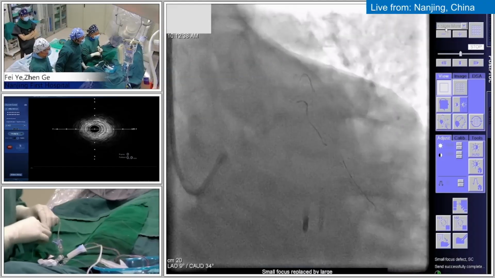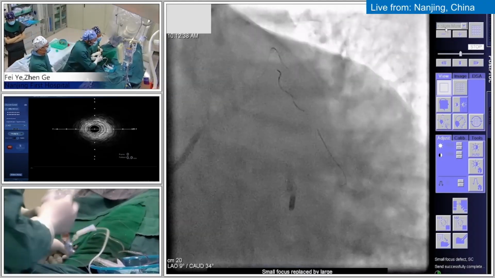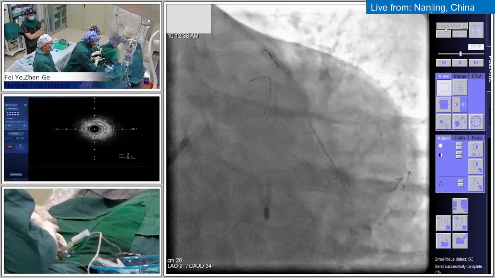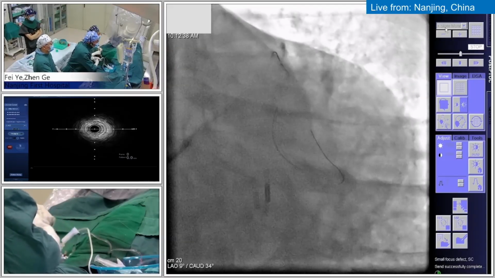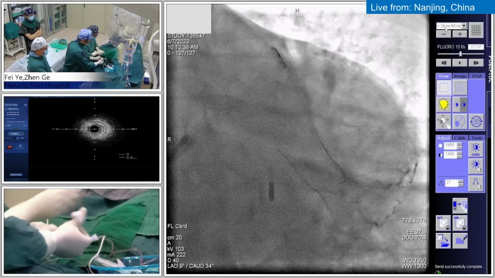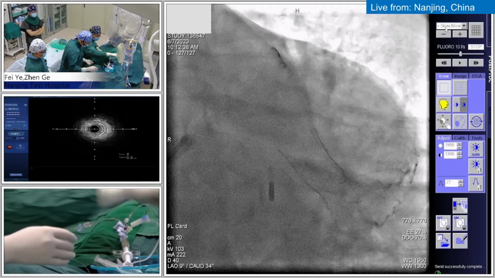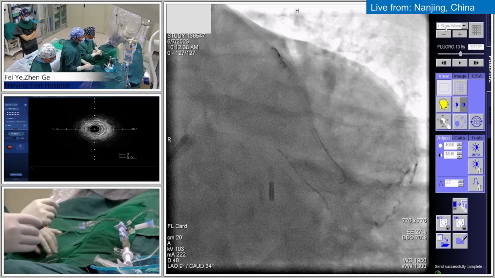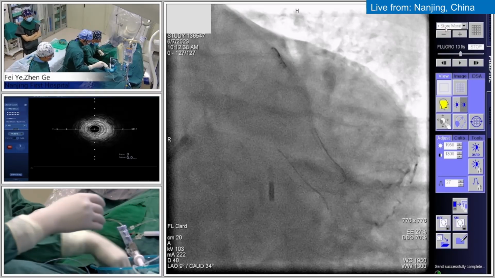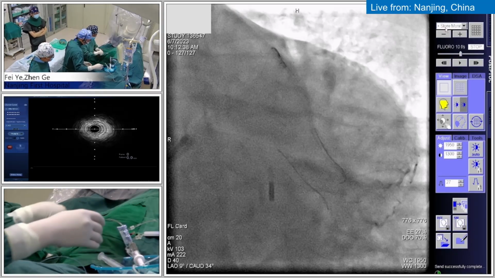Even with a very sharp angulation of the spider view, we cannot see the trifurcation in detail. So we will use IVUS to check the LAD ostium, circumflex ostium, and ramus ostium separately.